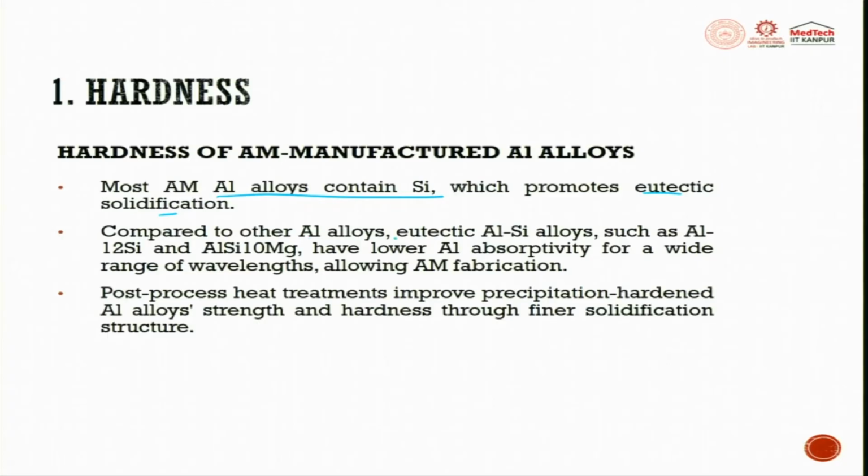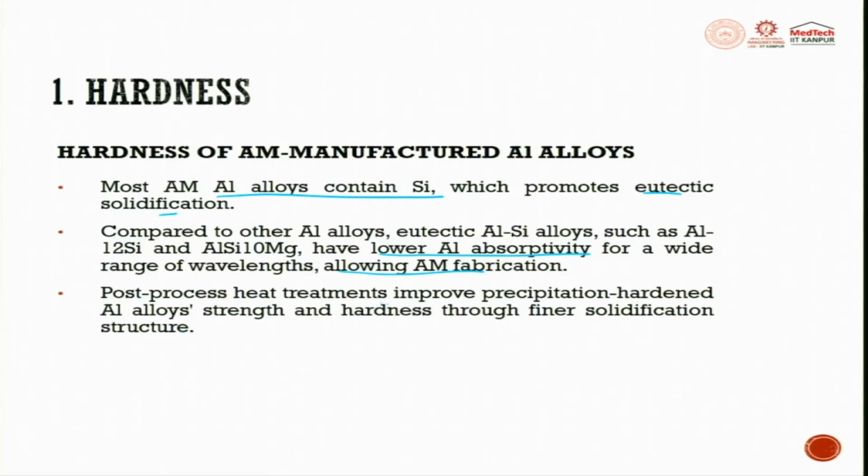Compared to other aluminum alloys, eutectic aluminum silicon alloys such as Al12Si and AlSi10Mg have lower reflectivity, that is higher absorptivity, for a wider range of wavelengths, allowing additive manufacturing. Post-process heat treatment improves precipitation hardened aluminum alloy strength and hardness through finer solidification structures.